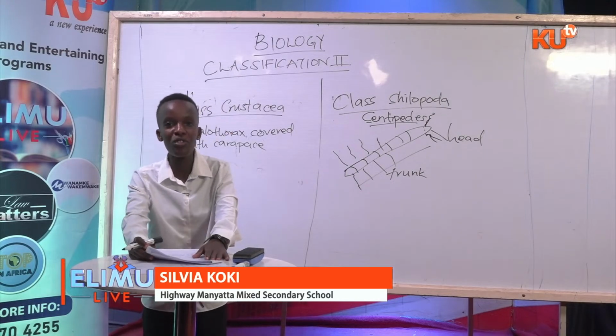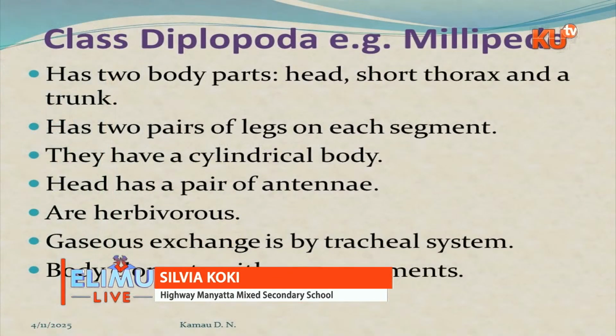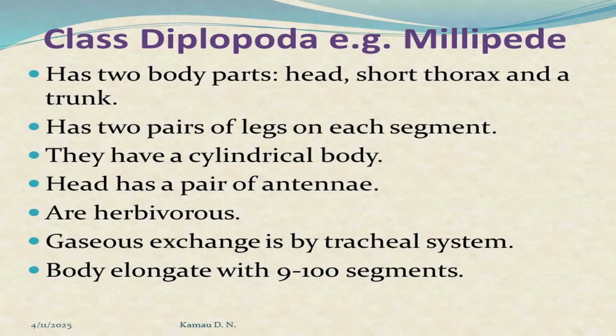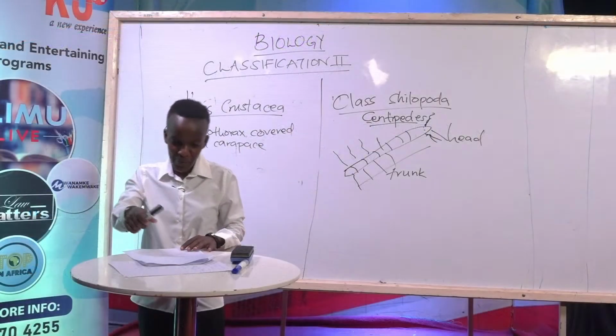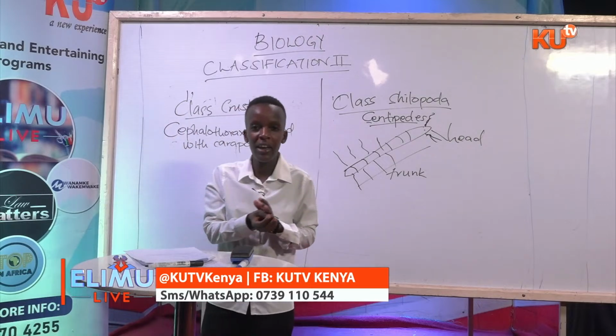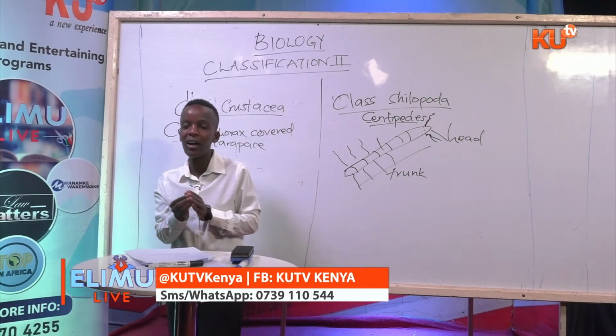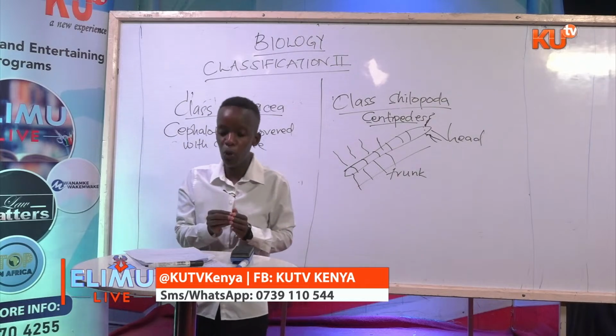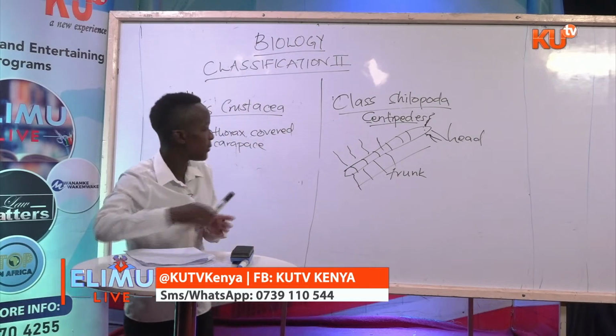It almost resembles the class Chilopoda. A good example is the millipede. The millipedes tend to differ. You can differentiate them from a centipede with the following characteristics.